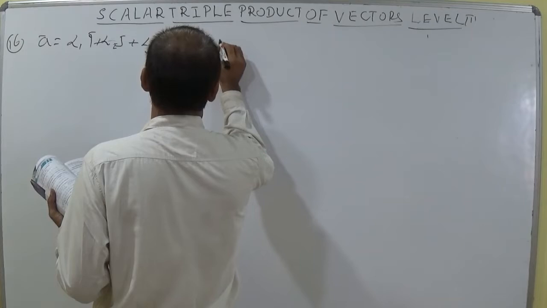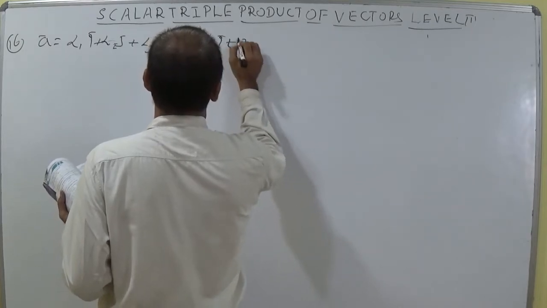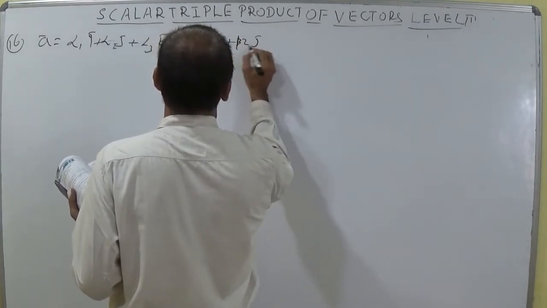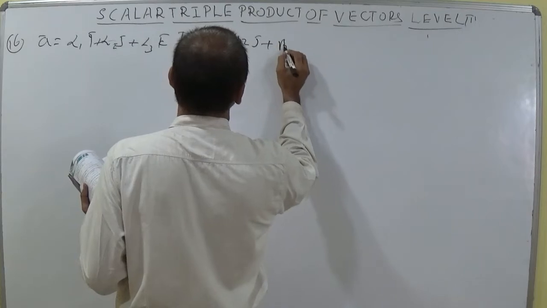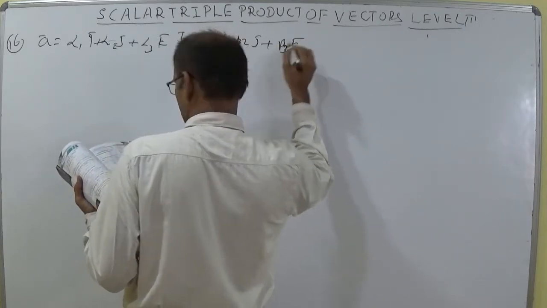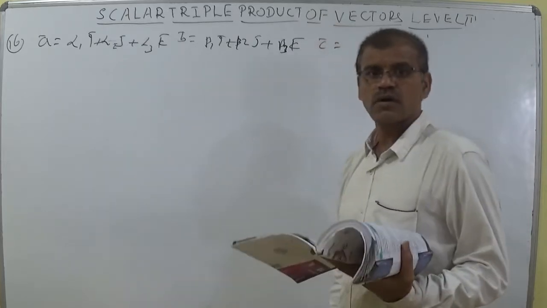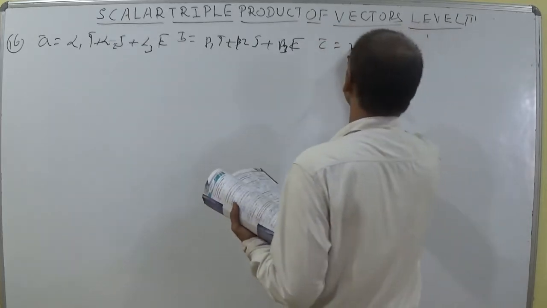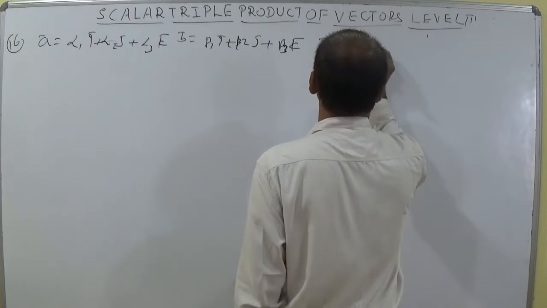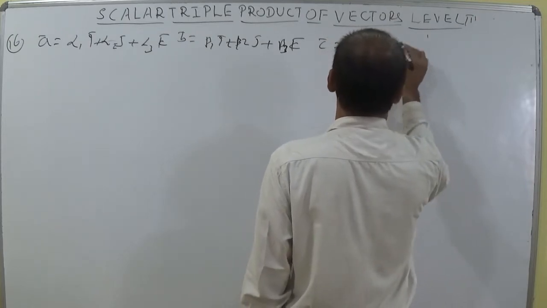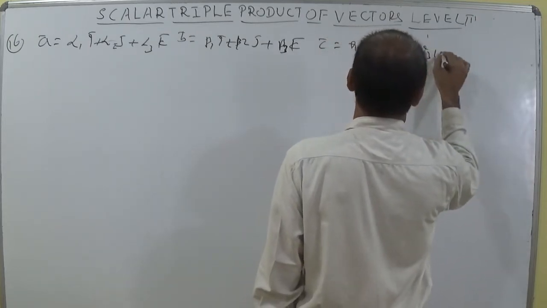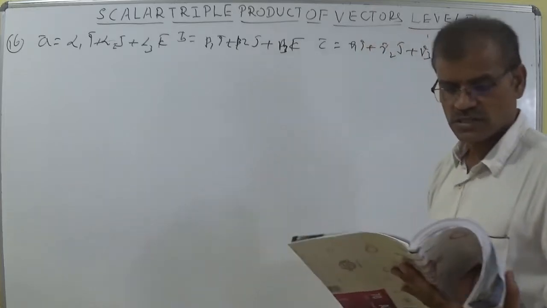B bar is equal to beta 1 I plus beta 2 J plus beta 3 K. And C bar is equal to gamma 1 I plus gamma 2 J plus gamma 3 K, that is the vector C bar.